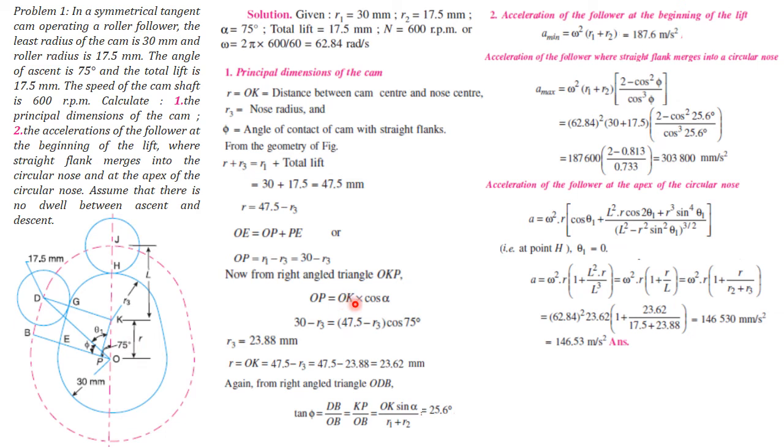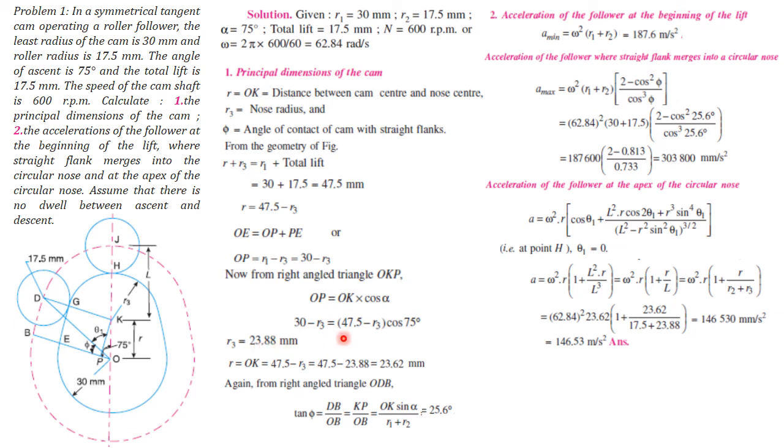Putting the value of OP as 30 minus R3 and OK as small r, which we computed as 47.5 minus R3, we solve for R3. Cos 75 degrees goes down here, and we can compute the value of R3 as 23.88.